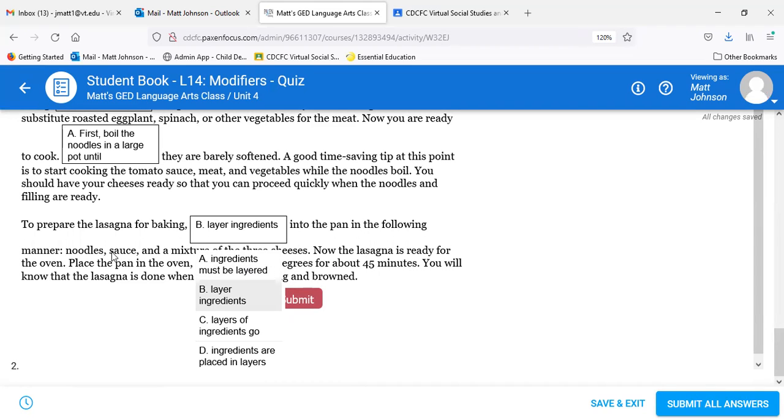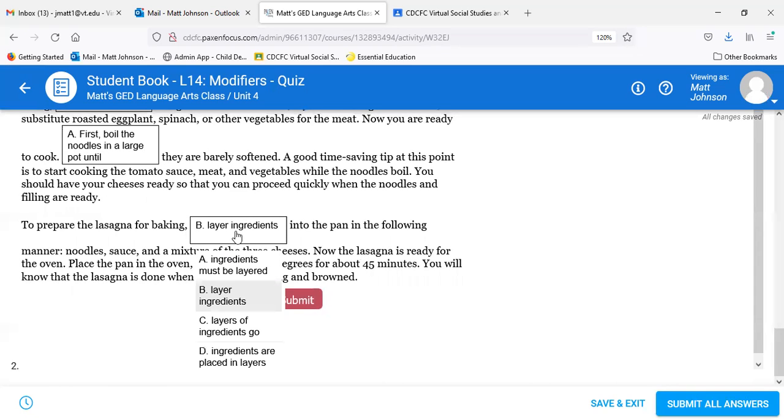Another option: to prepare the lasagna for baking, ingredients must be layered into the pan in the following manner. That's putting the verb out of place. We want that verb to start our phrase there. Layer ingredients into the pan.